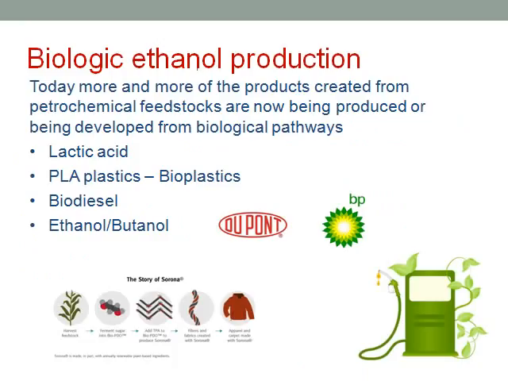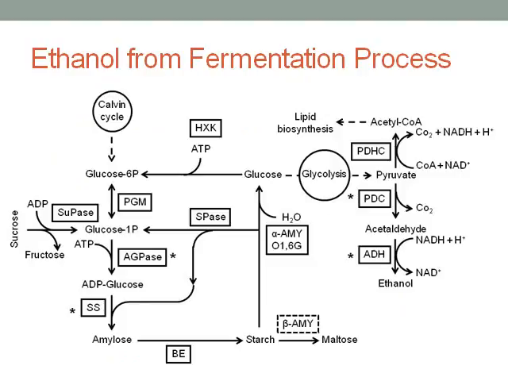Today, more and more of the products created from petrochemical feedstocks are now being produced or developed from biologic pathways. Things like lactic acid, bioplastics, biodiesel, ethanol, and butanol. This slide shows the fermentation product, which ultimately leads to the production of ethanol.